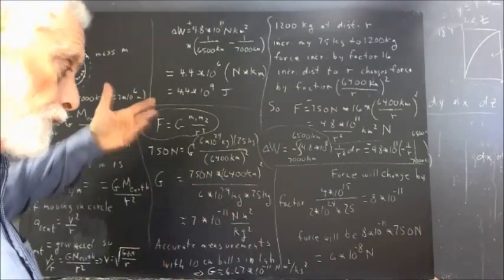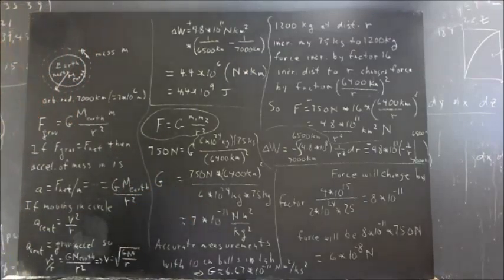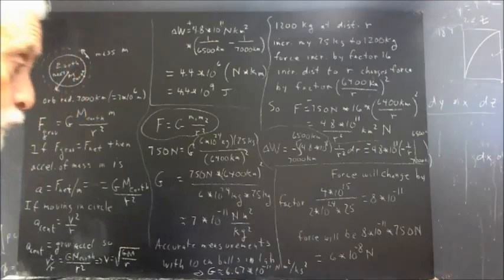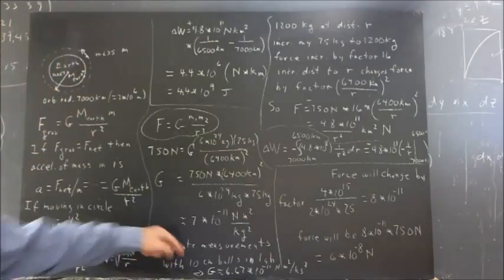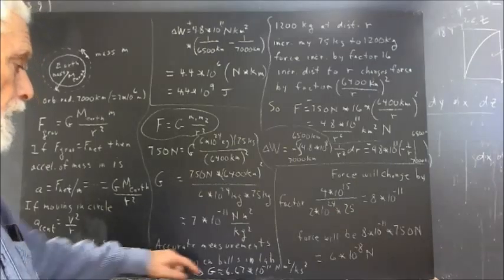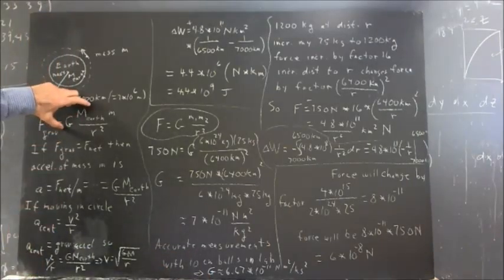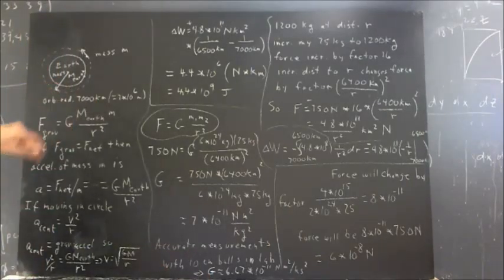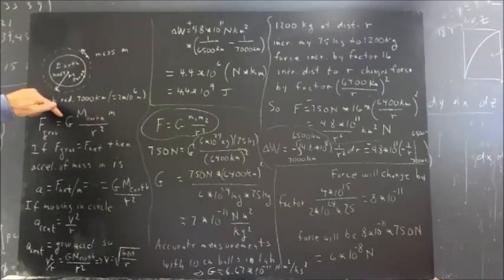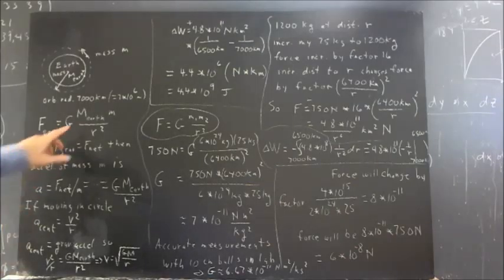We can't use it because it's windy in here, but it's very sensitive equipment, and that's an experiment I would love to do with a good group like the one we have right now. Once you've measured G and determined big G times the mass of the Earth, you can divide that by big G and get the mass of the Earth, and that's how the mass of the Earth is determined. So take that for what it's worth.